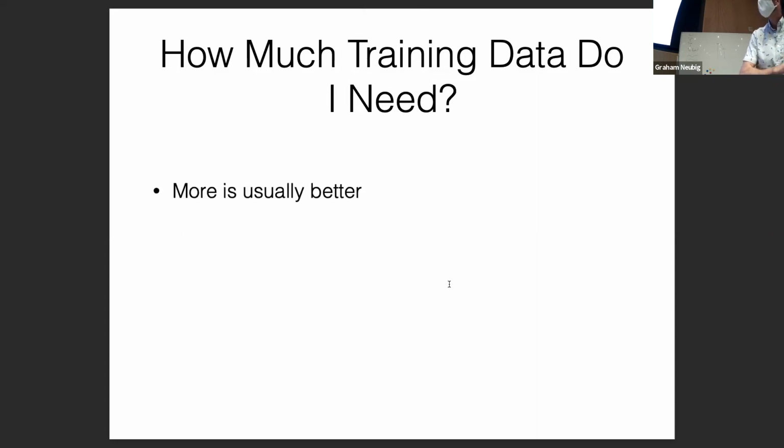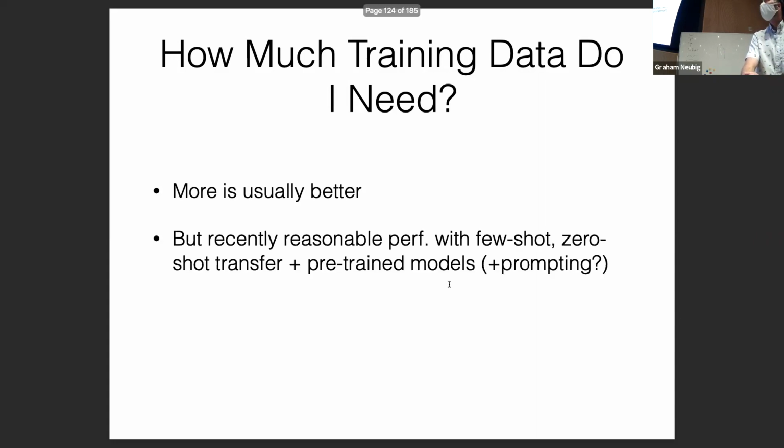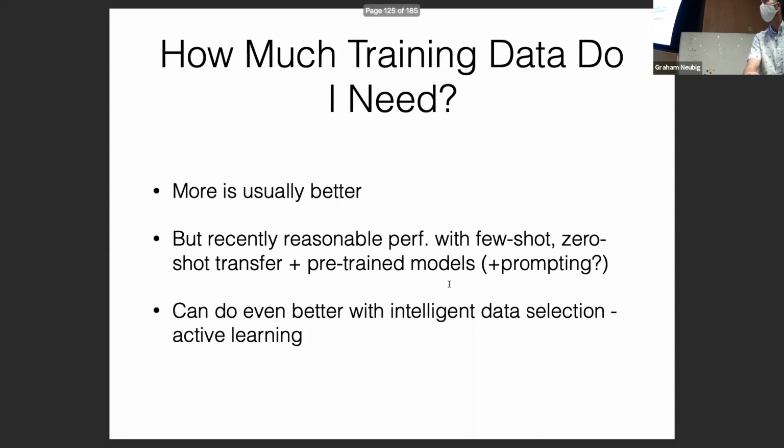So for training data, more data is usually better. But it's been pretty impressive how good performance we can get with few shot or 0 shot transfer settings and pre-trained models with things like prompting. So you might not need as much data as you would have traditionally thought in order to solve the task that you're interested in.